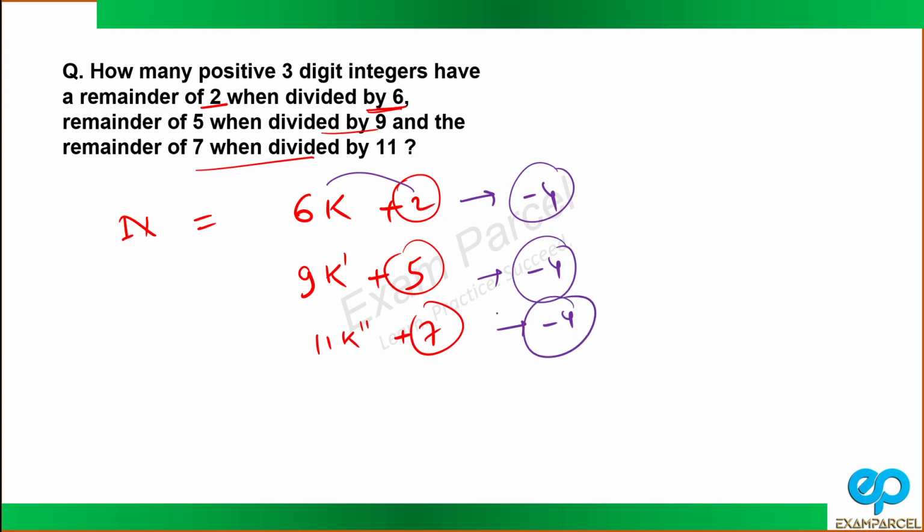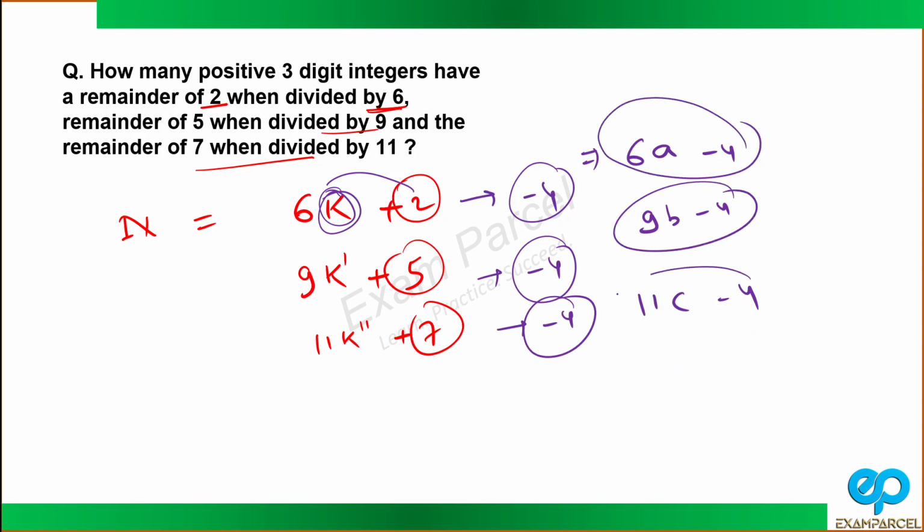If I can write all these forms with the same remainder, then we can easily solve that, right? So can I say that let us call these multiplying factors 6a minus 4, 9b minus 4, 11c minus 4, right?